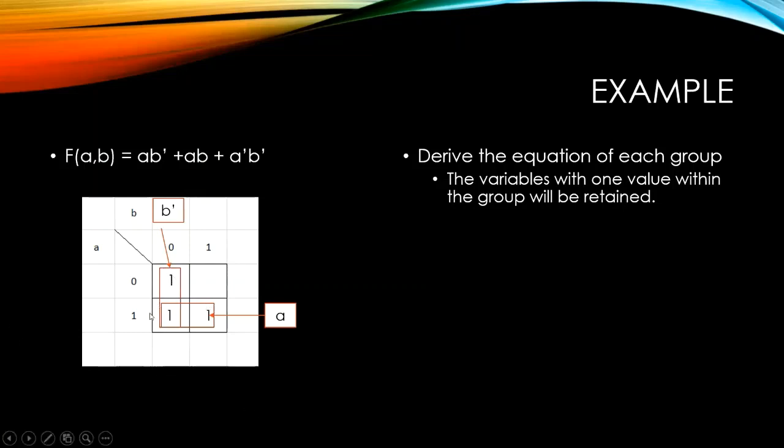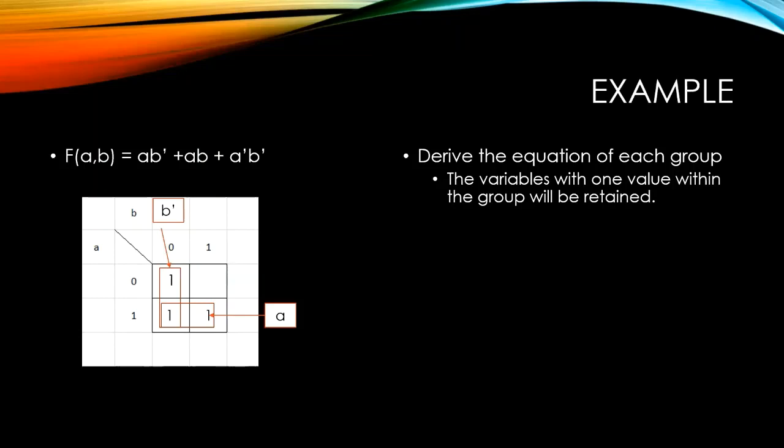How about this group? A didn't change from the first column going to the second column. So A will be part of the term that will represent this group. How about B? Did it change? Yes, from 0 to 1 in this group. So therefore, B is not part of the term.